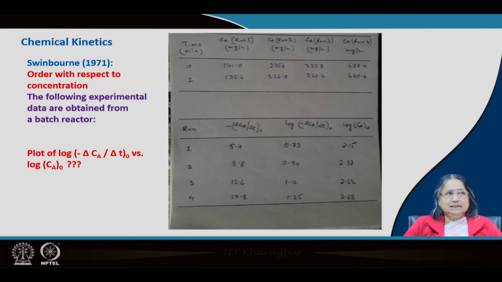In the first case you take the midpoint, the average concentration. In this case you take the initial concentration over a very short time period, and that gives the order with respect to concentration.